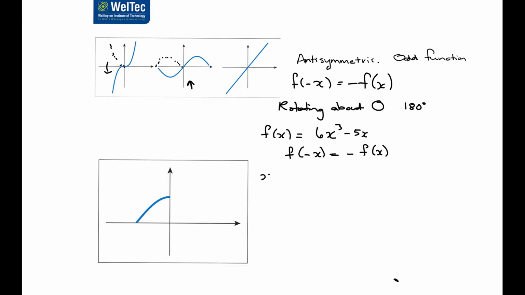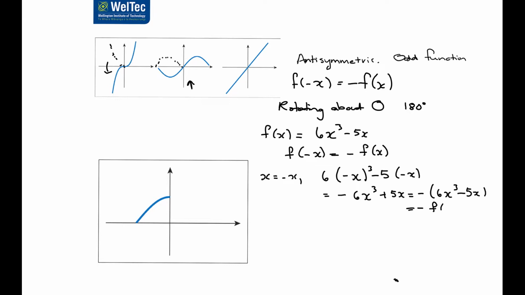So with x equal to negative x, then 6 times negative x cubed minus 5 times negative x is equal to negative 6x cubed plus 5x, which if we factorize out a negative sign, we can see is the opposite of f of x. So then it's an odd function.